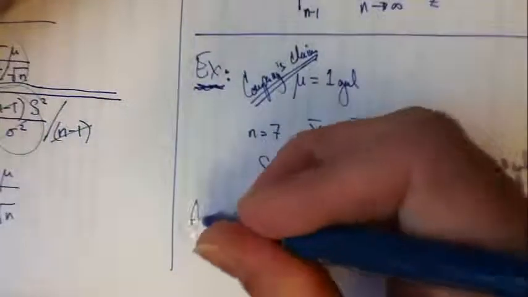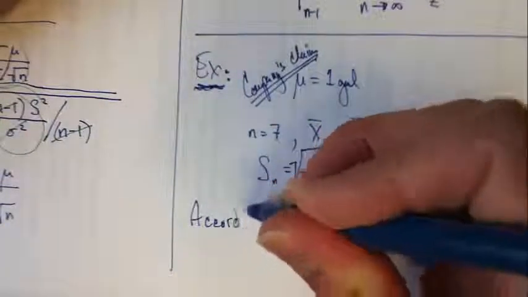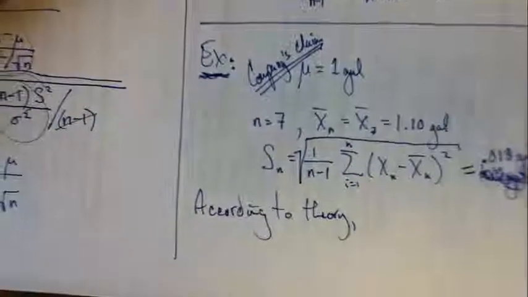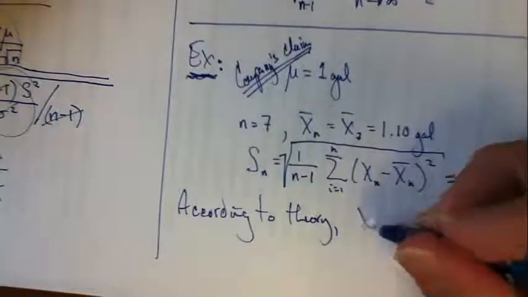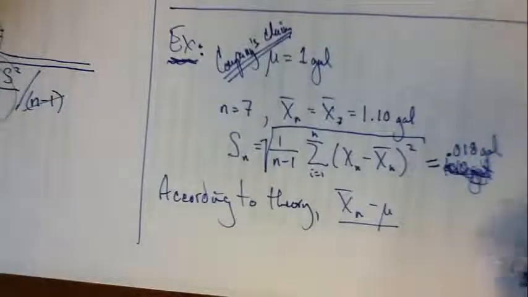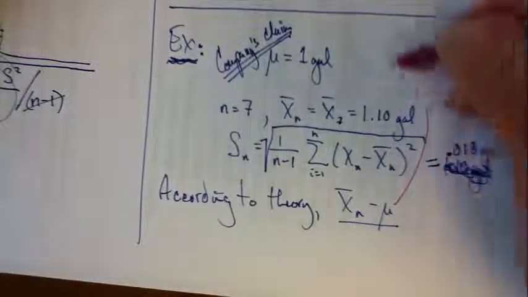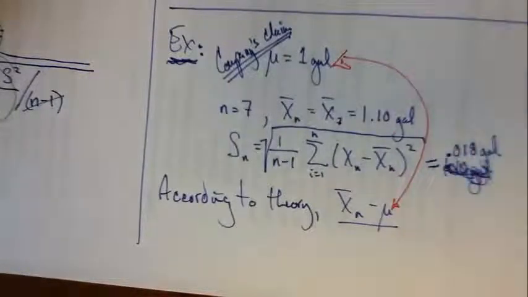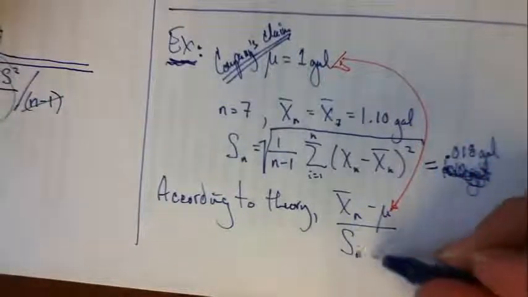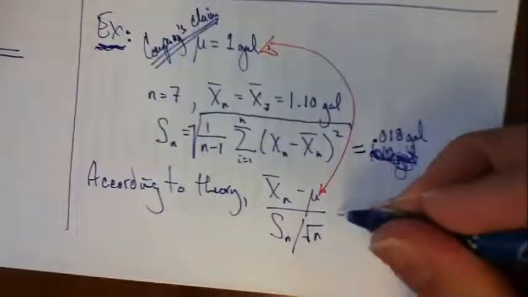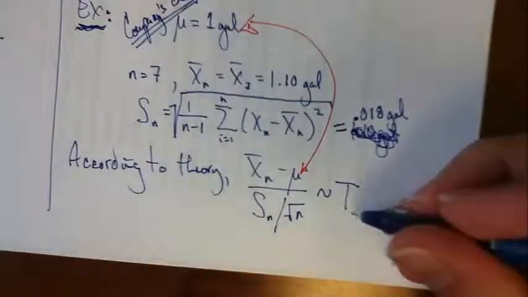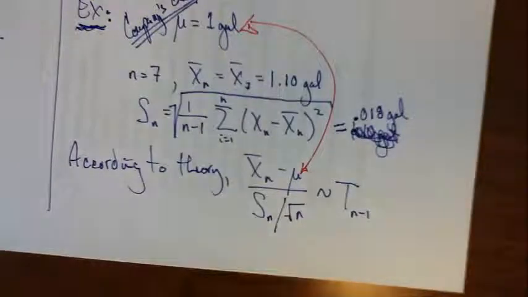According to theory, X bar n minus the actual mean, which I'll take to be this according to the company, divided by the sample standard deviation over root n, should behave like a t random variable with n minus 1 degrees of freedom.